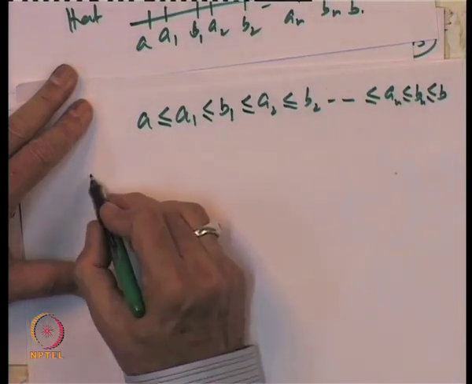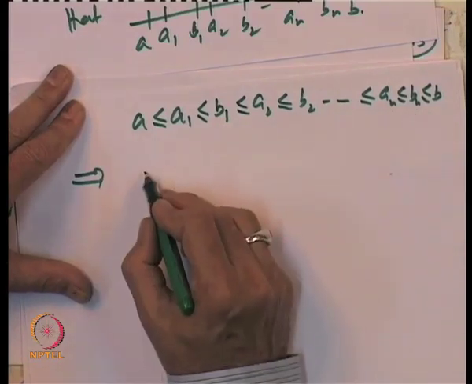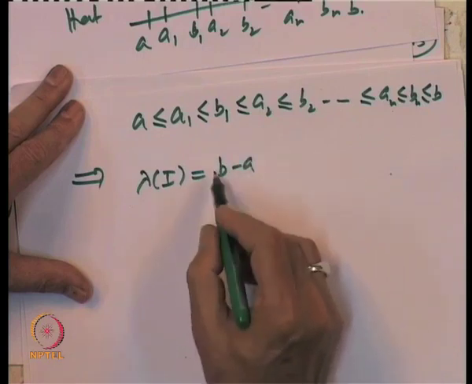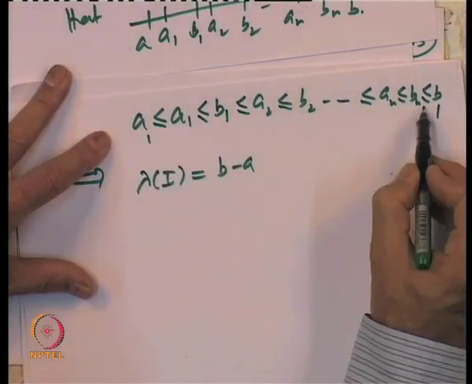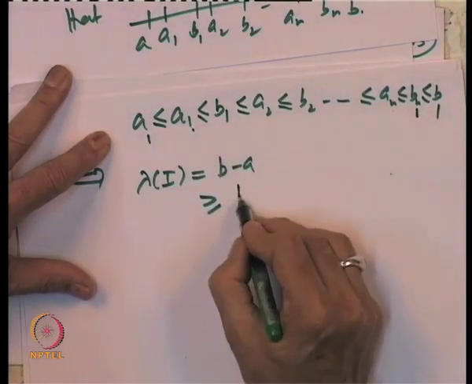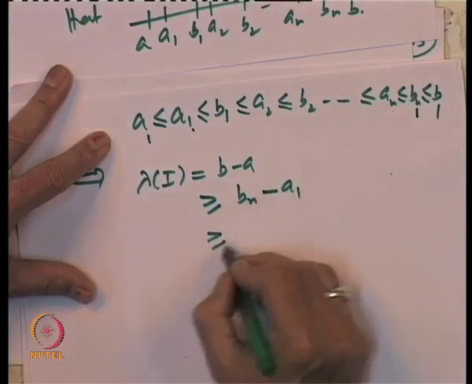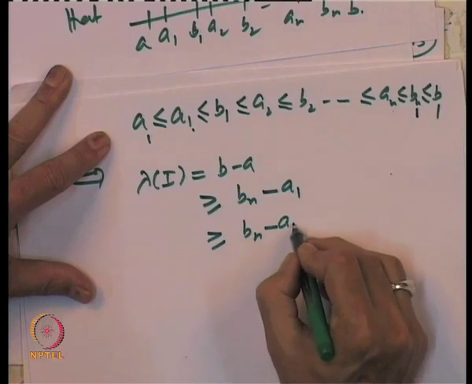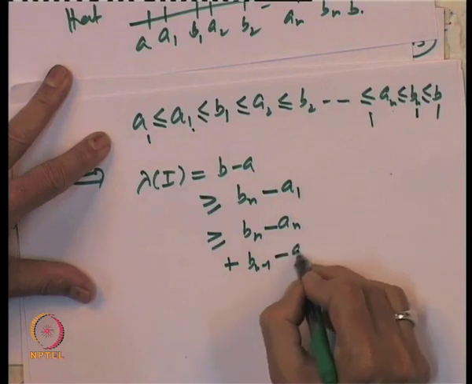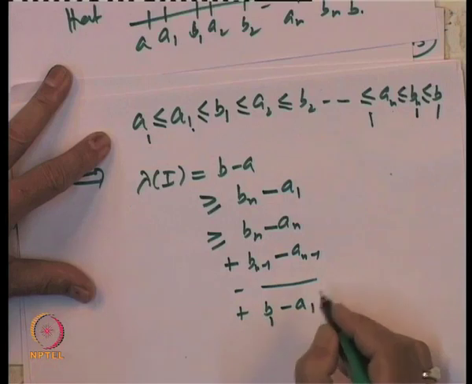Once that is done, this implies by simple algebra that the length of I, which is equal to B minus A, is bigger than or equal to B n minus A 1, which is bigger than or equal to B n minus A n plus B n minus 1 minus A n minus 1, and so on, plus B 1 minus A 1.